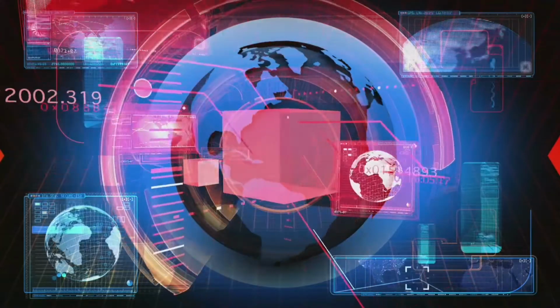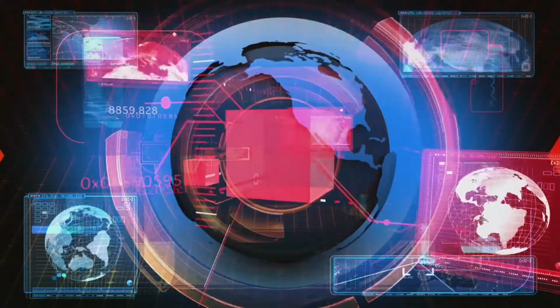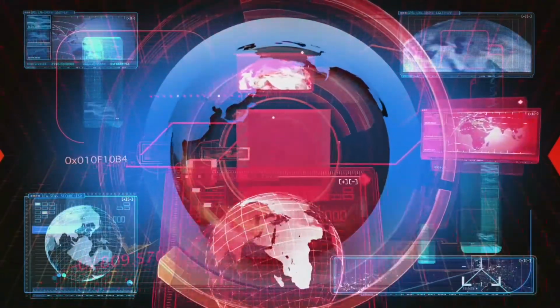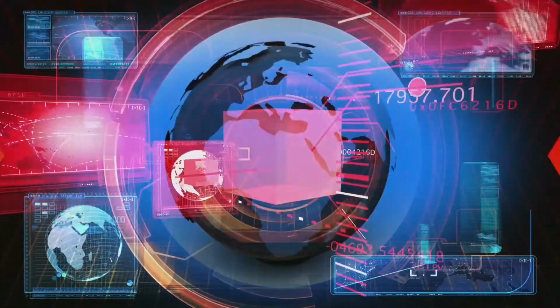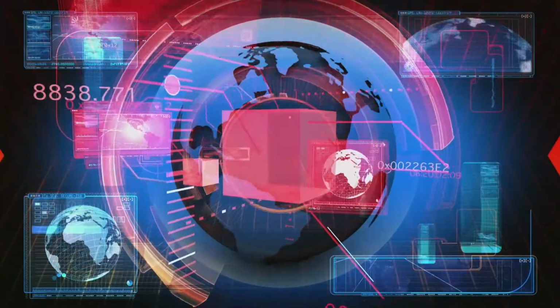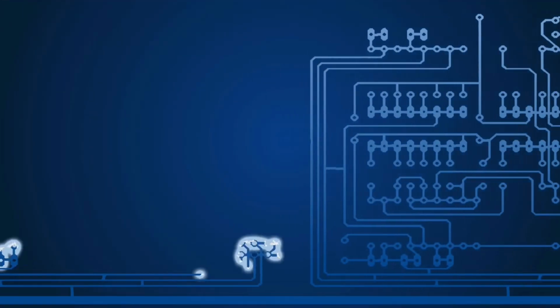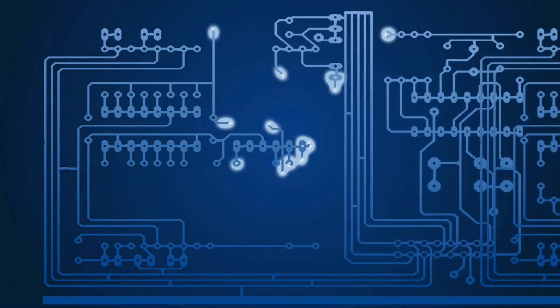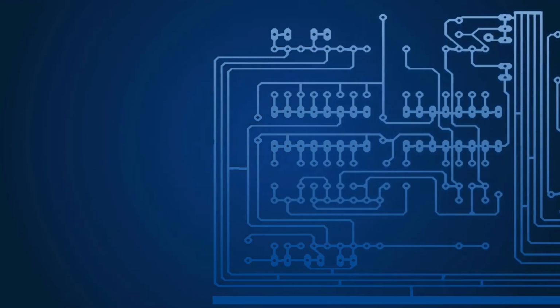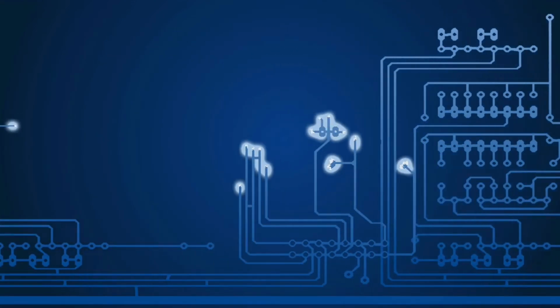Before ENIAC was finished, von Neumann designed the Electronic Discrete Variable Automatic Computer, EDVAC, with the memory to hold both the stored program as well as data. This enabled much faster operations since the computer had rapid access to both data and instructions.